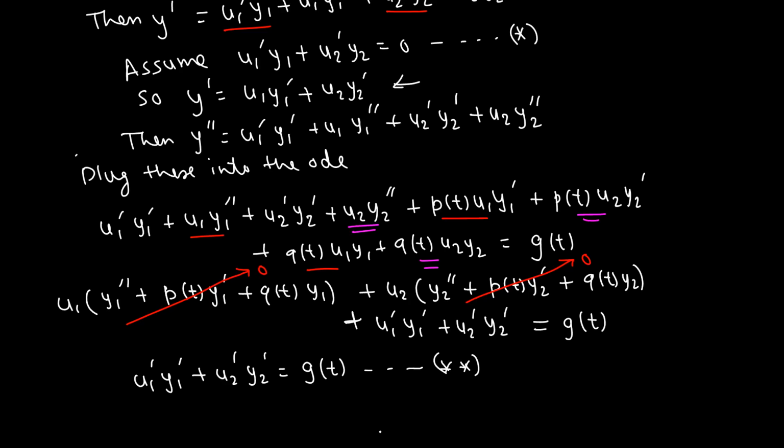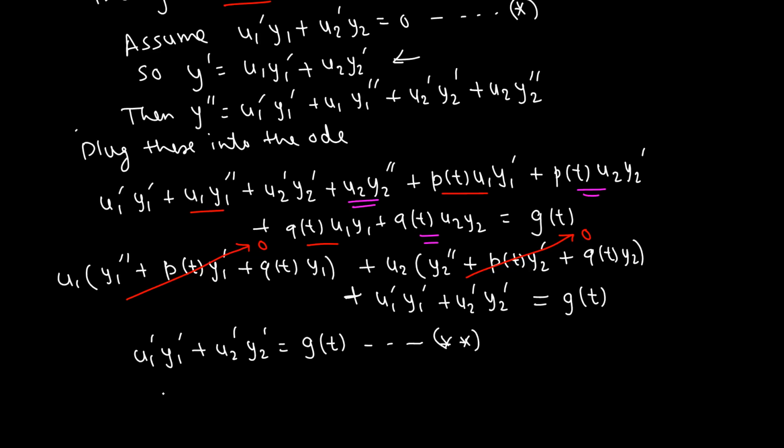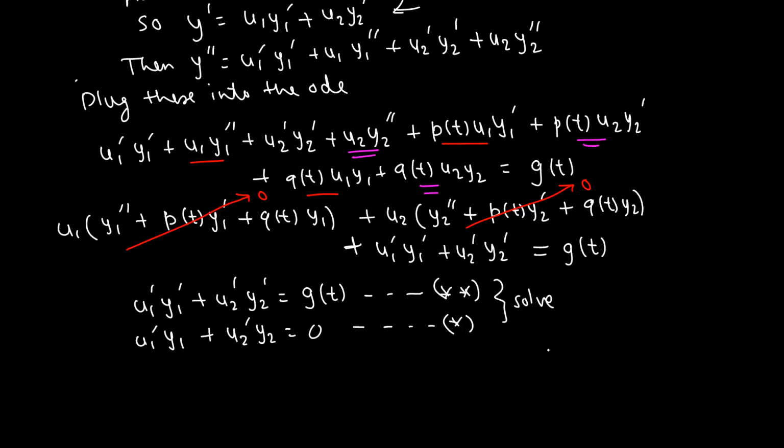Let me rewrite this star over here so we can compare. So we have u1 prime y1 plus u2 prime y2 equals 0. I'm just rewriting the equation. Now we want to solve this. Okay, then let's try to cancel second terms, then we can isolate u1.